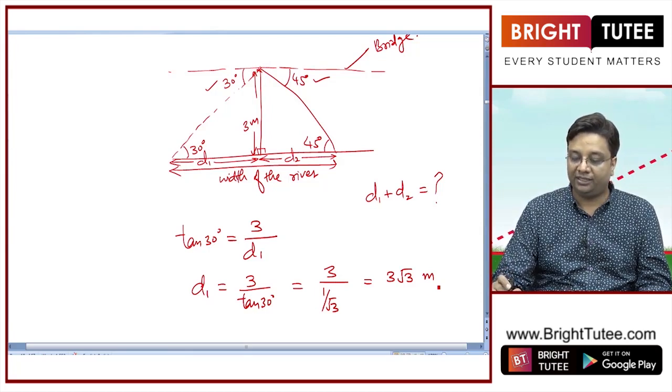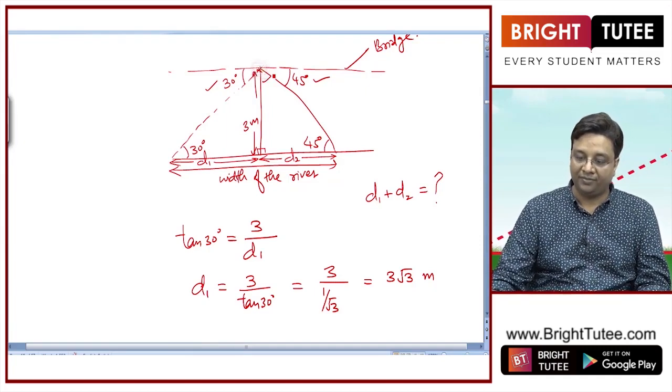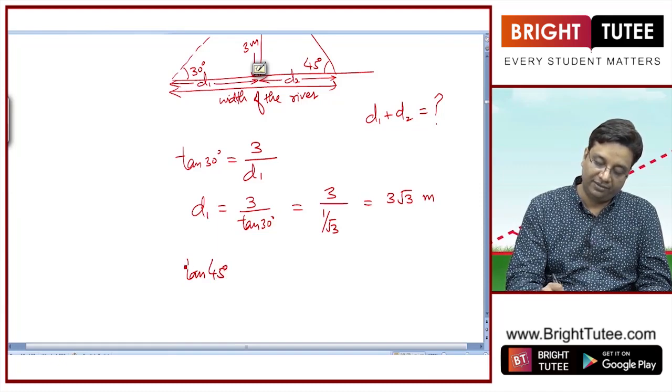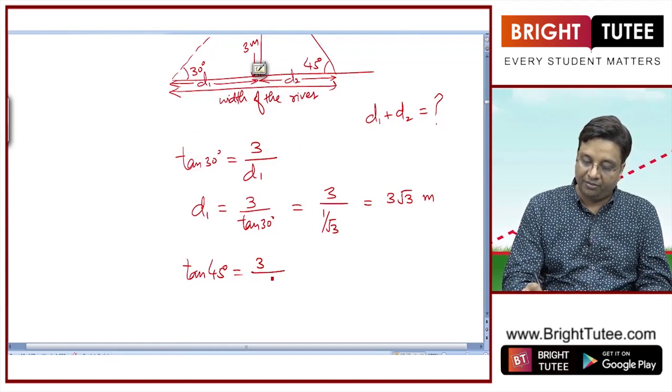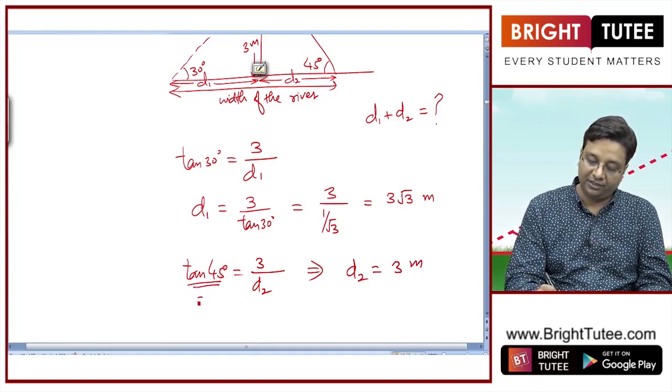d2 you can clearly see will be 3 meter because it's a 45-45-90 triangle. But to show the working, you can apply tan 45. It is equal to opposite, which is 3, by adjacent, which is d2. Hence you can say d2 is equal to 3 meter because tan 45 is 1.